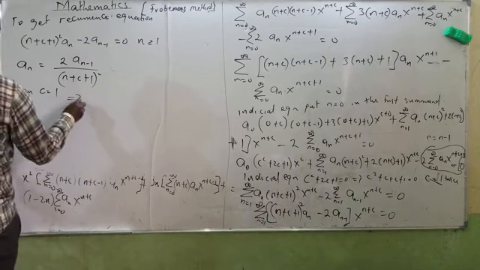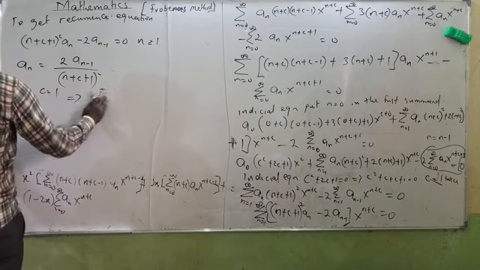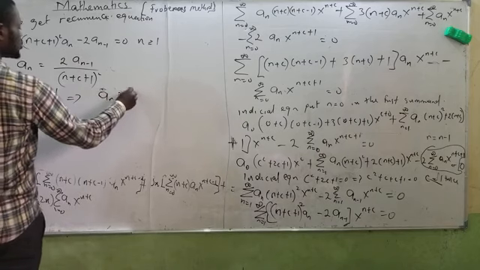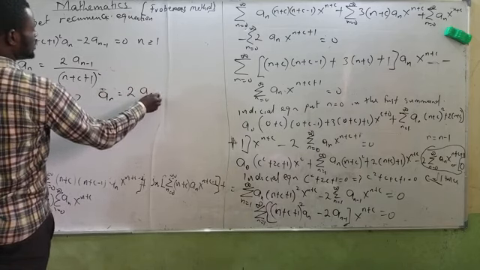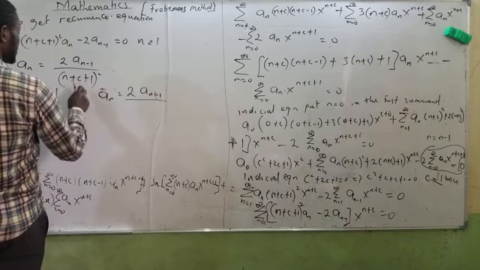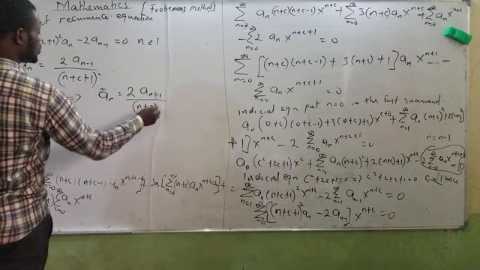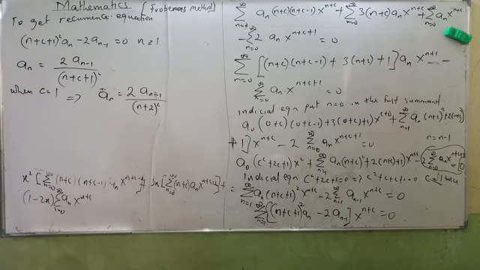It implies that my a of n will be equal to 2a of n minus 1 divided by n plus 2, all squared. That is what I'm going to be doing. Now, I can say that when n equals 1, I can't start counting from 0.